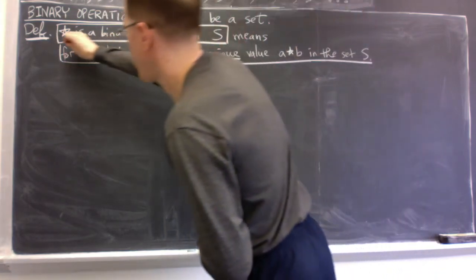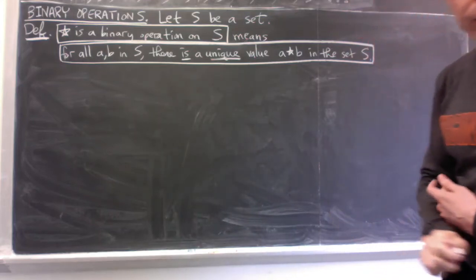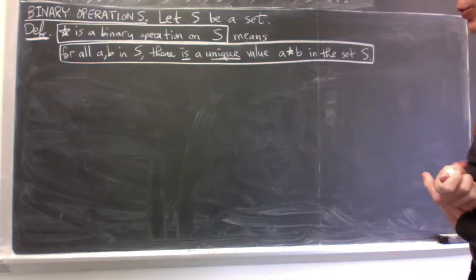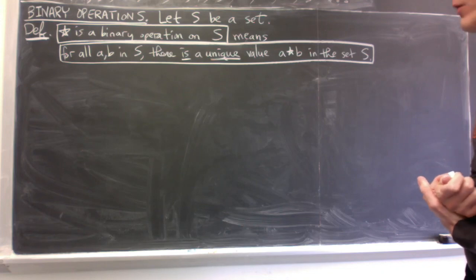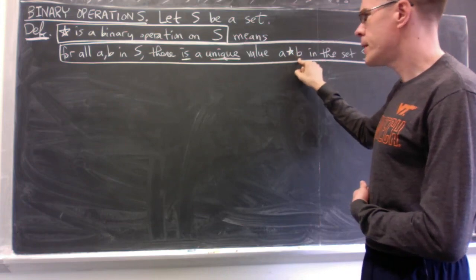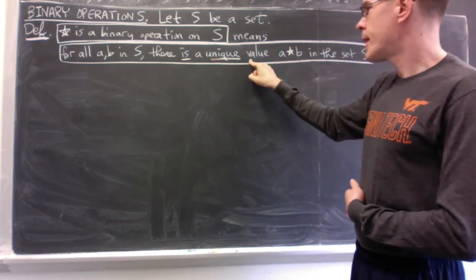So you can think of star as being something analogous to addition or multiplication on real numbers. We'll see in a second that those are examples of binary operations. But notice several things. Whatever A and B you pick from the set, there has to be a value coming out. It has to be unique.